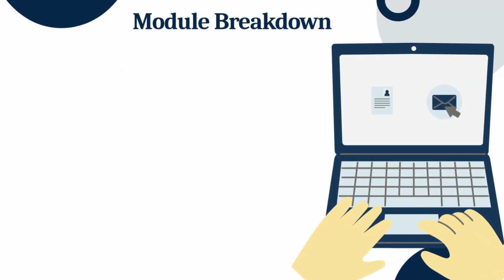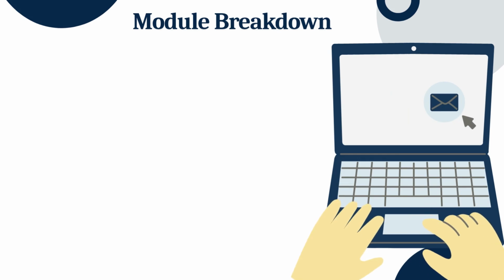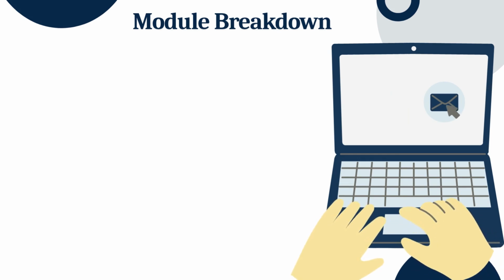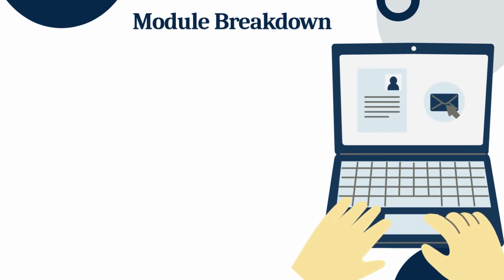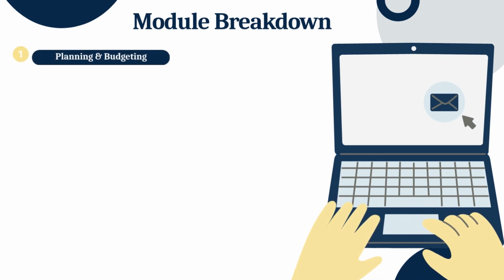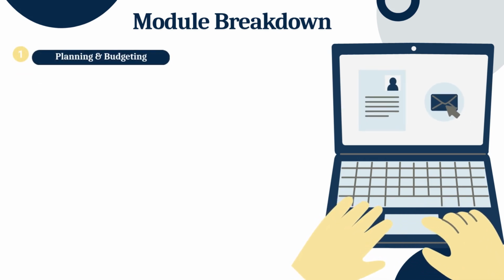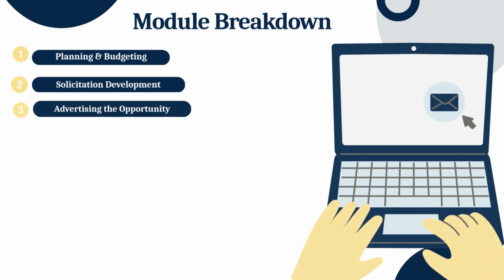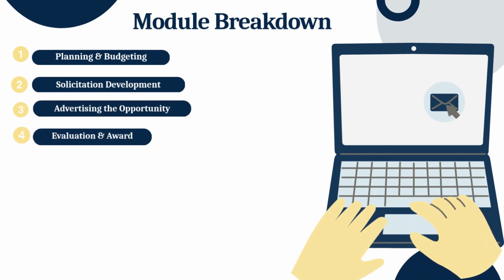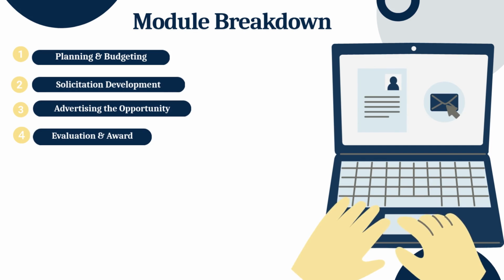In this module, we'll break down the entire procurement lifecycle, step by step. You'll learn how planning and budgeting set the stage, how solicitations are developed and advertised, and how evaluation leads to award decisions.